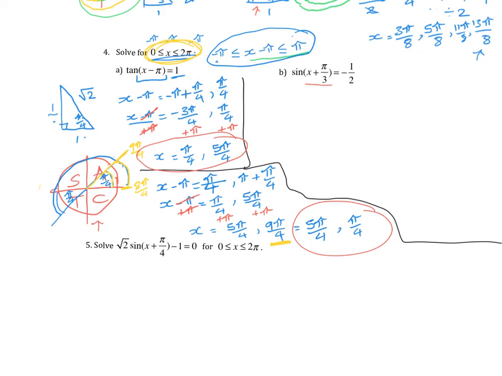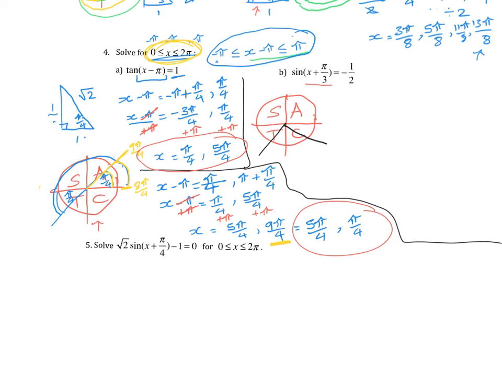All right, so what are some things you notice when you look at this next equation for b? I notice that sine equals a negative value, negative 1/2. So on our unit circle, we're going to be in the negative quadrants for sine, so we're going to be here and here.